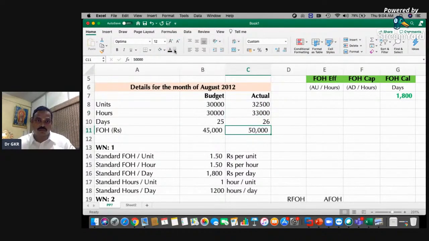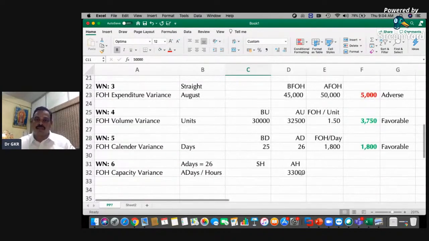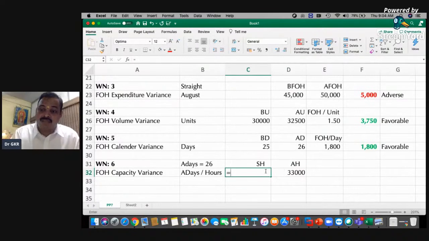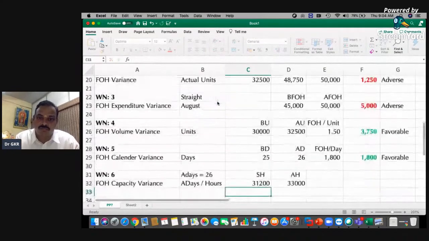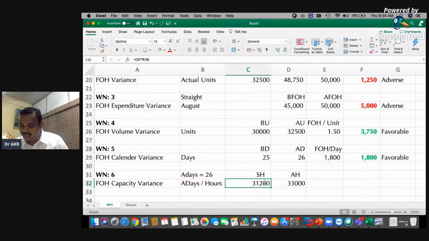That 50,000 is your cost. Got it. So our actual hours is 33,000. What is your standard hours? For 26 days, per day is 1,200 hours, so 31,200. So for 26 days, you must work only 31,200 because per day 1,200.